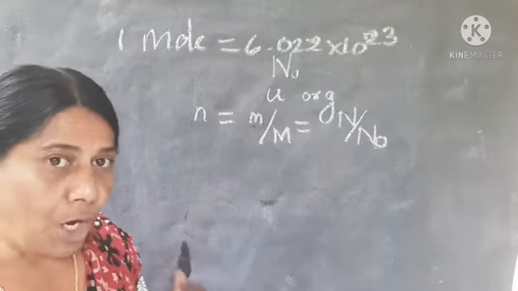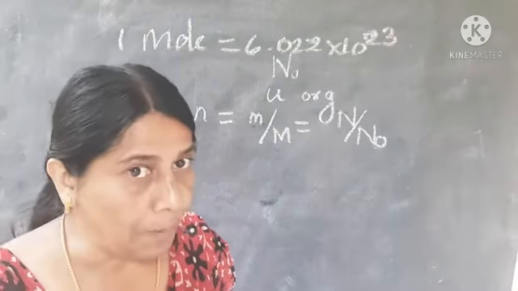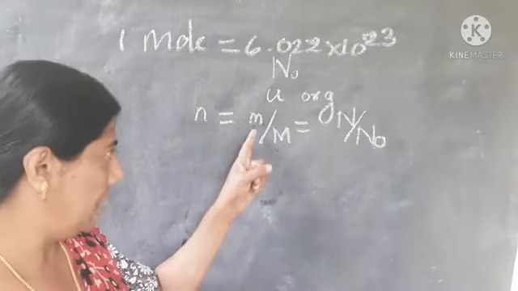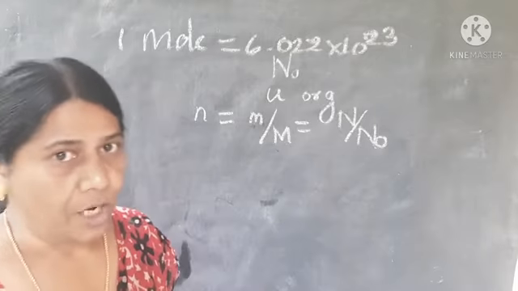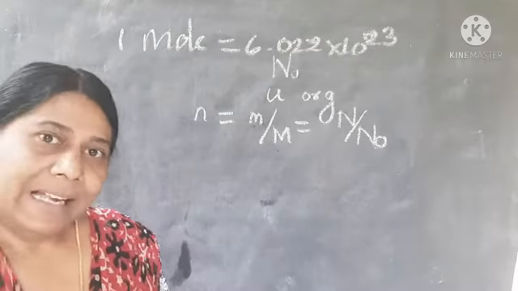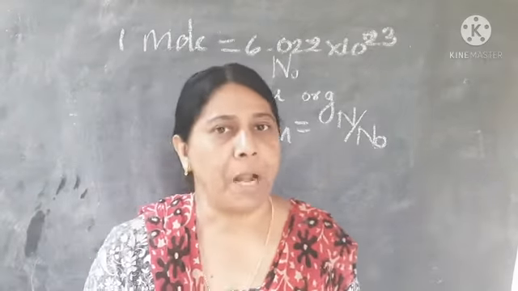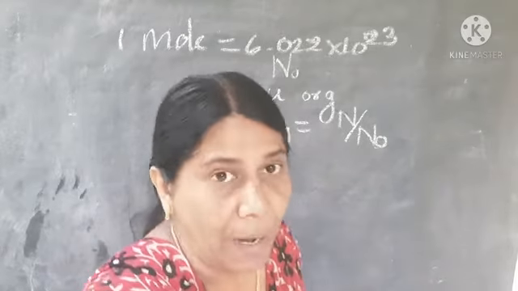And what about small n? That is mole. So mole can be equal to m by capital M and N by N0. Let us solve two problems based on these two formulas.